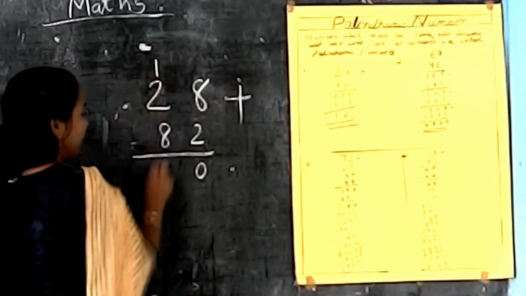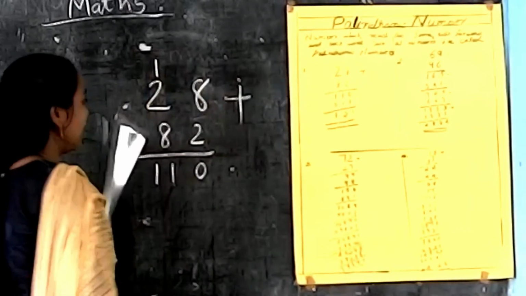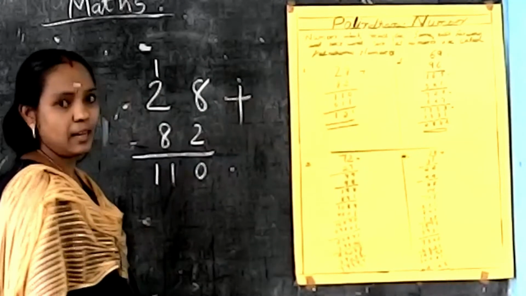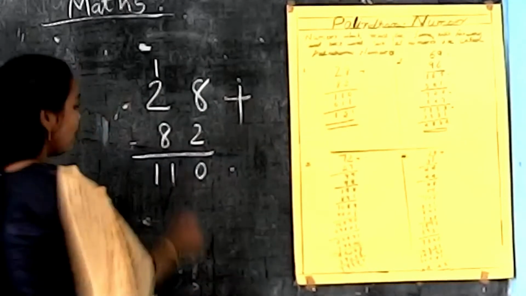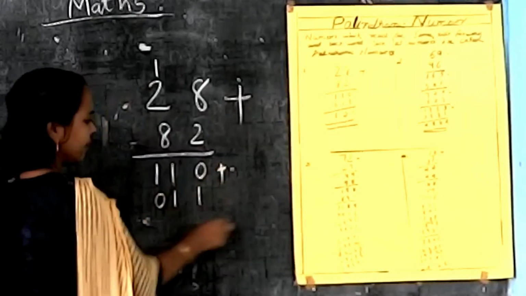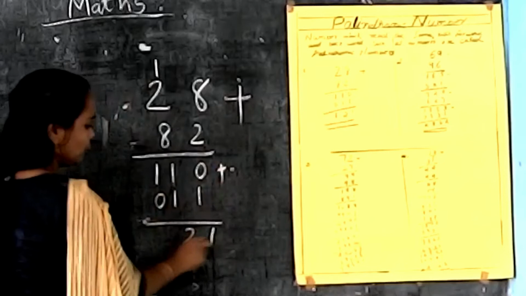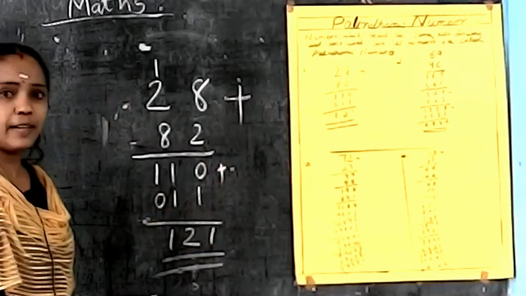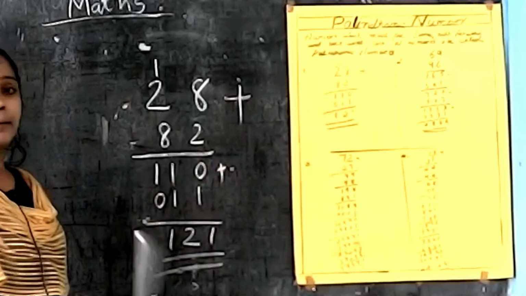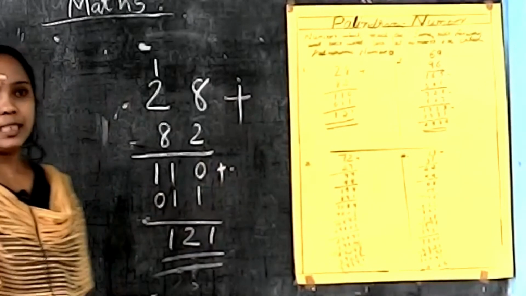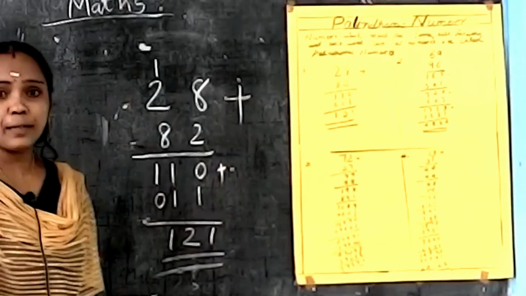Carry 1. Again, reverse it. 110 reversed is 0, 1, 1. Add: 1, 2, 1. Which type of number did you get? Backward and forward the numbers are the same. That number is called a palindromic number.